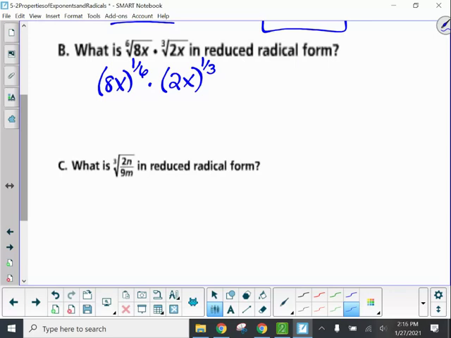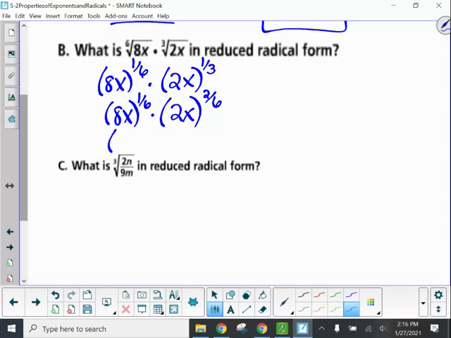Well, we can't make the 6 into a 3, but I can turn the 3 into a 6. One-third can become 2/6. I can then distribute the 2 into that 2x term.